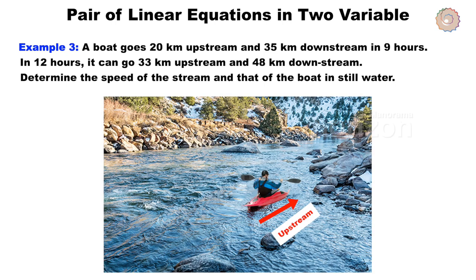Please note that while a boat goes upstream, that is opposite to the direction of the stream, the speed of the boat will be reduced by the speed of the stream. And while going downstream, that is in the same direction as the stream, the speed of the boat adds up with the speed of the stream.